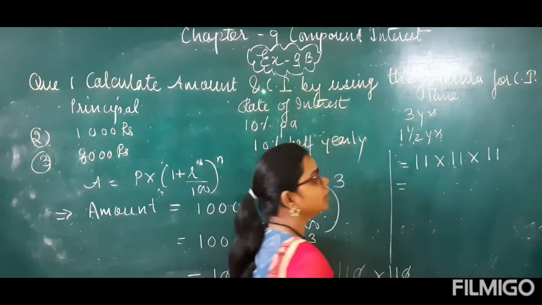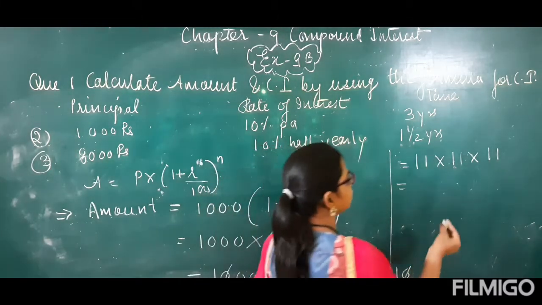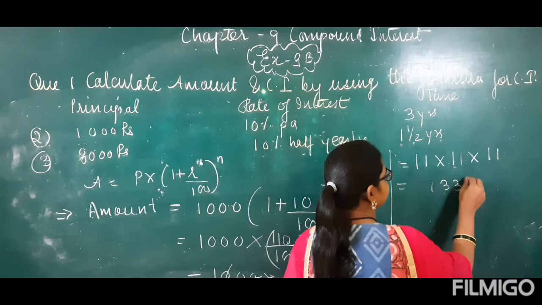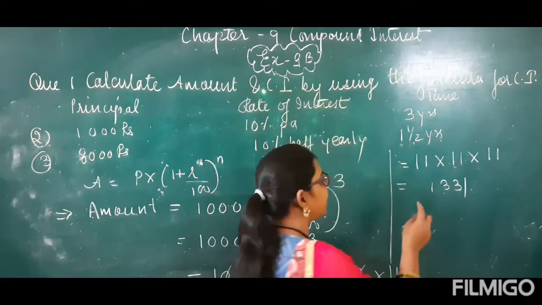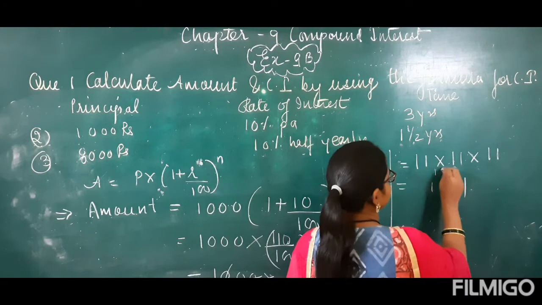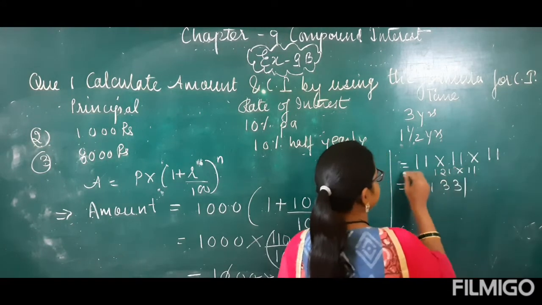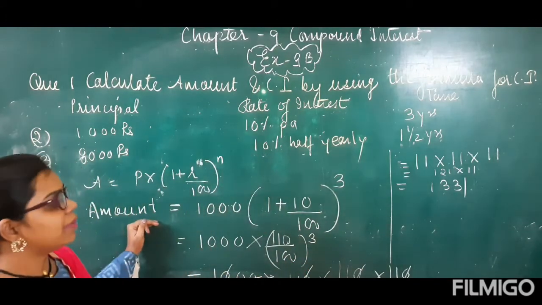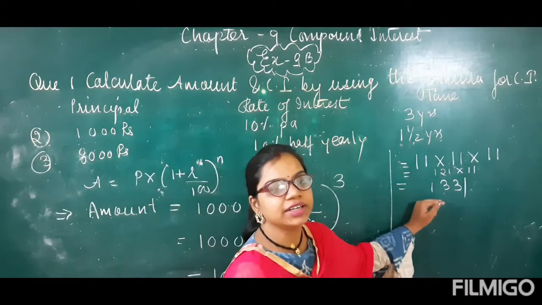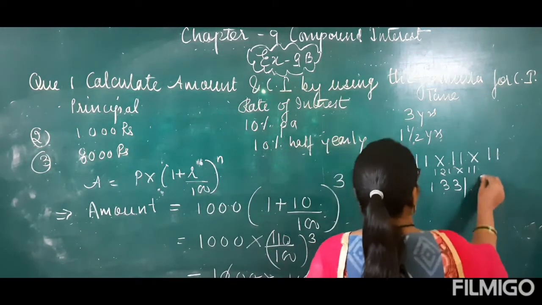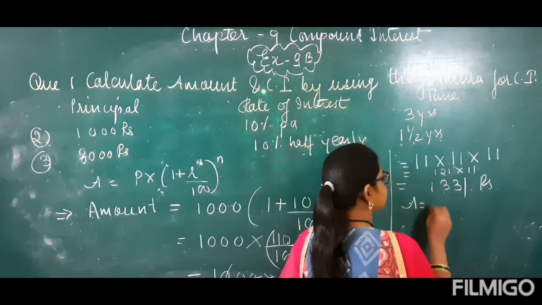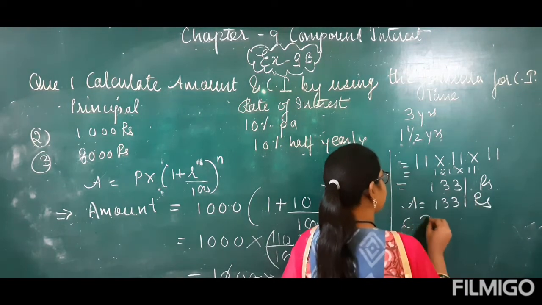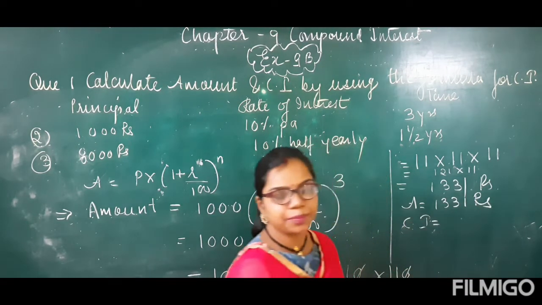As you know, 11 cube is 1331, or you can write 11 into 11 is 121, and when you multiply it with 11 you will get this much. So what is the amount here? This is 1331 rupees. Now how will you find the compound interest?